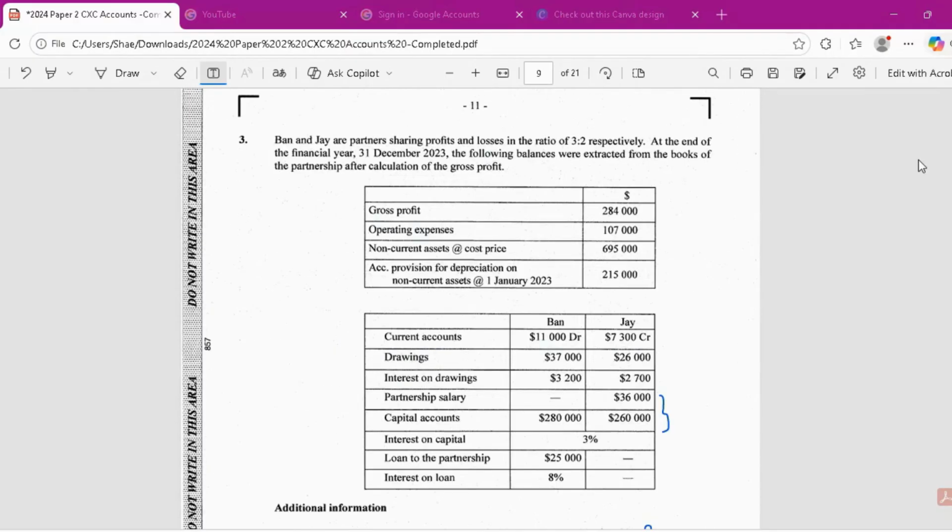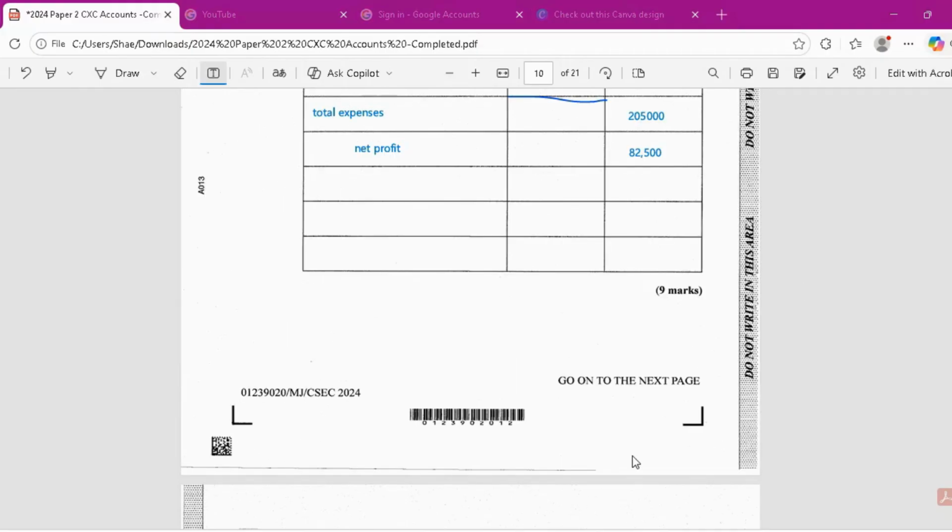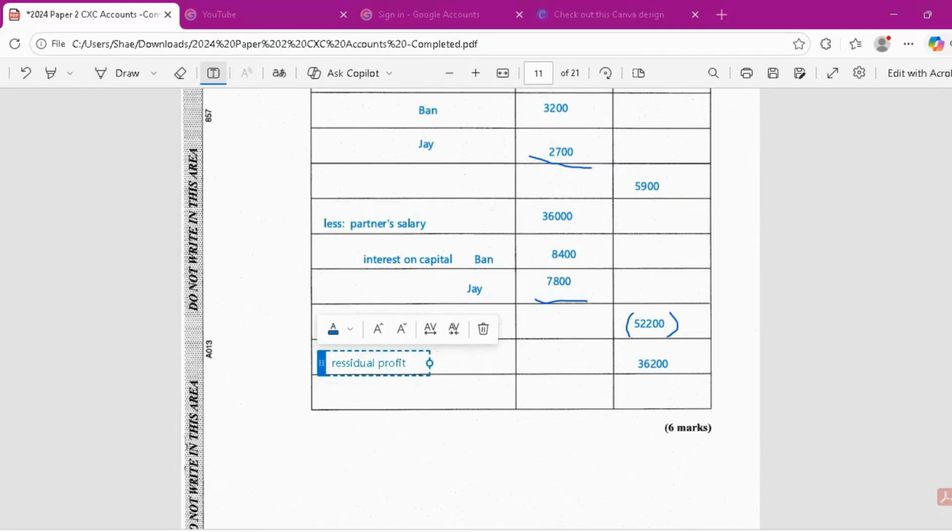So they said that the ratio to share the residual profit is 3 to 2. So Ban will get 3 and J will get 2. To work that out, you are going to use the ratio. So let me show you something over here.